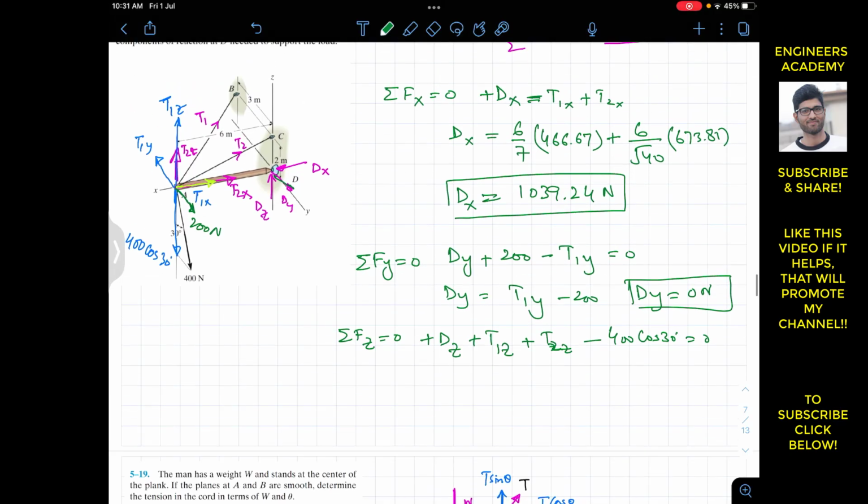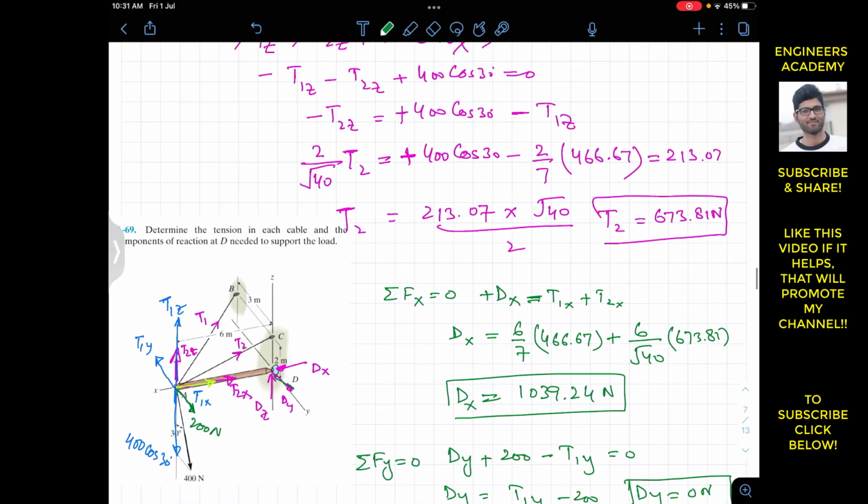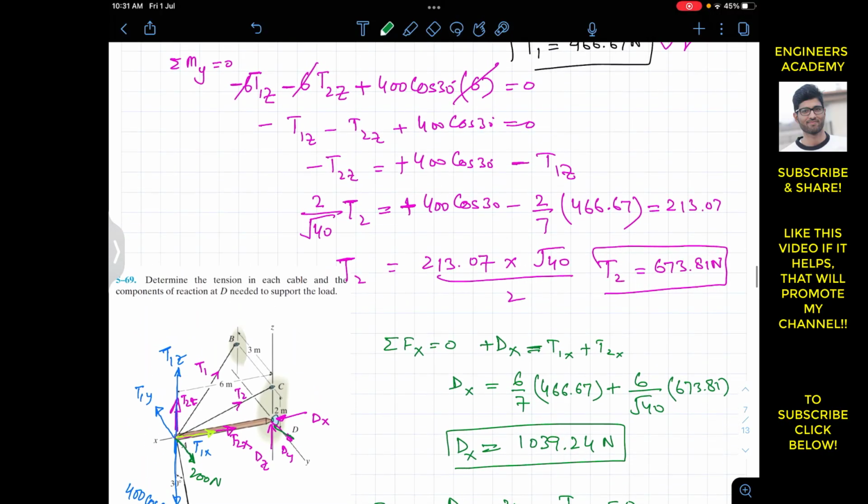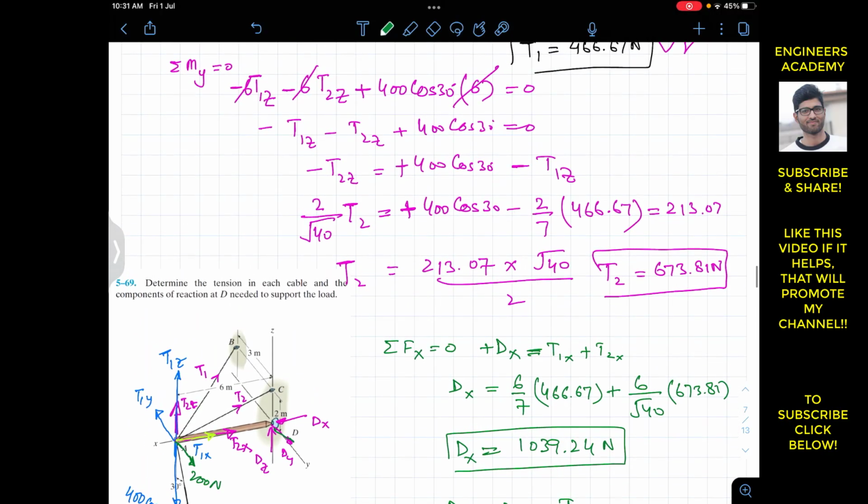And from this we can say that, if I bring this 400 cos of 30 to the other side of the equation, let me write this equation in this particular form. This is t1z minus t2z equals minus 400 cos of 30, and if I multiply this whole equation with minus, everything will become positive.